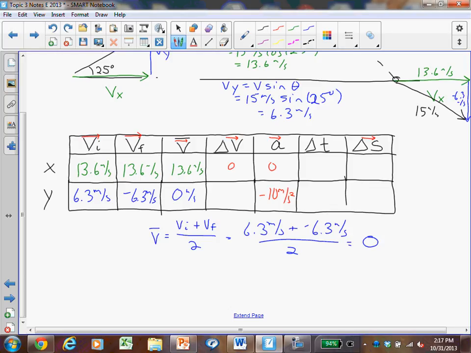Delta V, though, is not 0. Delta V is VF minus VI, or minus 6.3 meters per second, minus 6.3 meters per second, or minus 12.6 meters per second.